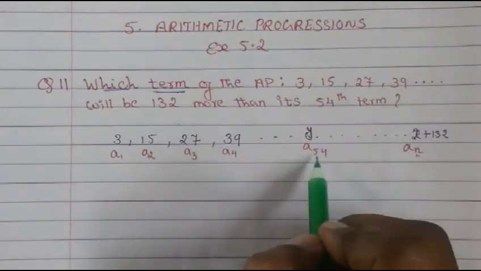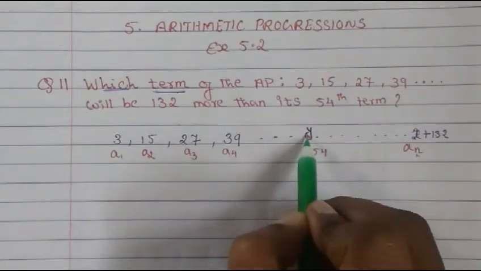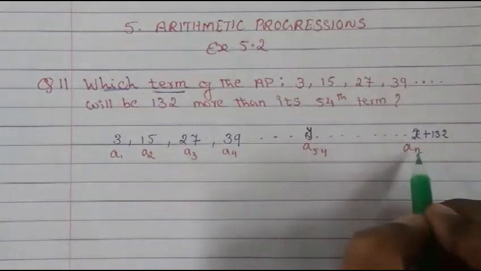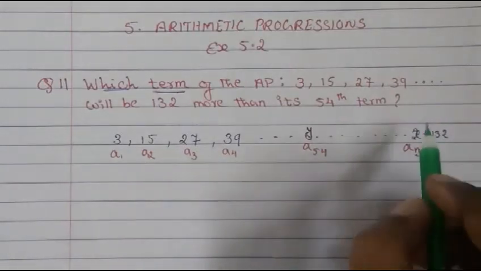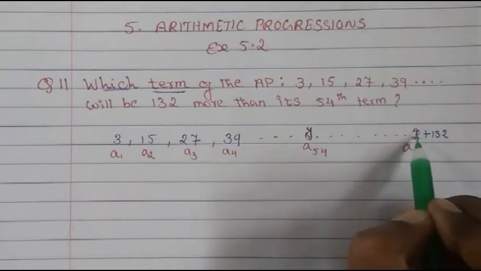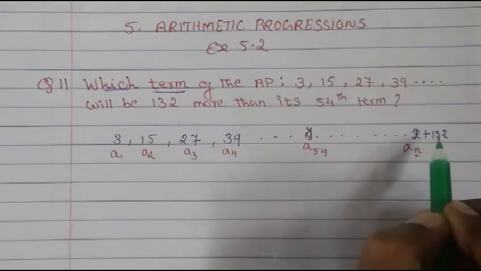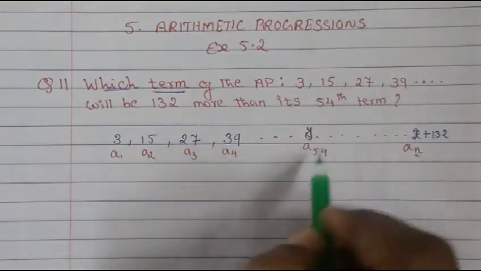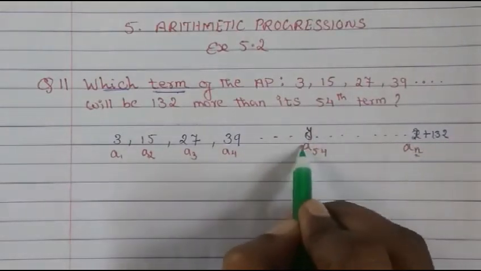I hope you are understanding. So whatever the 54th term is, the nth term will be 132 more than it. In that, 132 will be more than Y, meaning more than the 54th term.